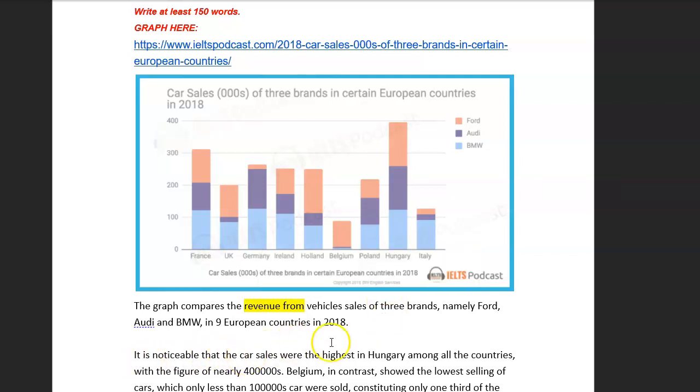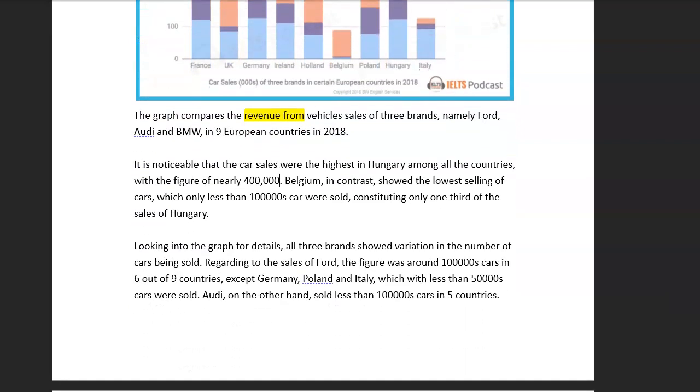It's notable that car sales were the highest in Hungary among all countries with a figure of nearly 400,000. You don't need that. Belgium, in contrast, showed the lowest selling of cars, which only less than, okay, so rather than which, the lowest selling of cars, okay, lowest, it would really have to be lowest sales of, actually, or you could have purchases, lowest car purchases, because obviously that's the opposite.